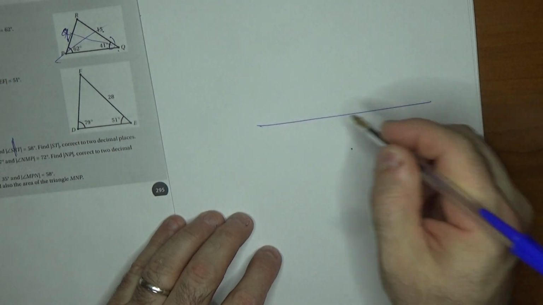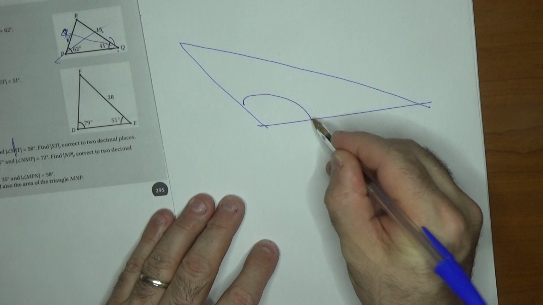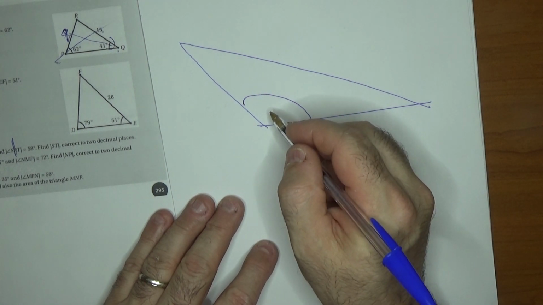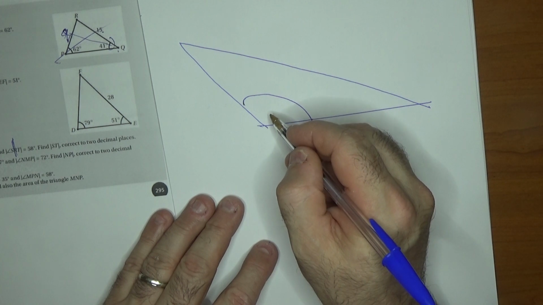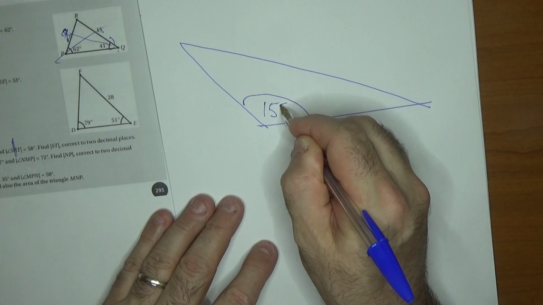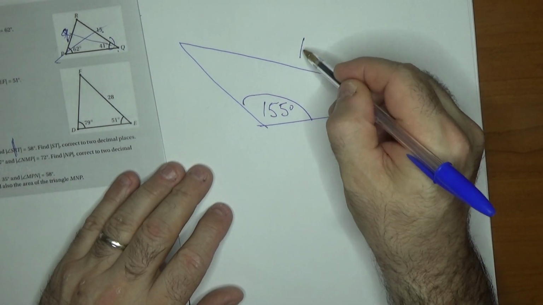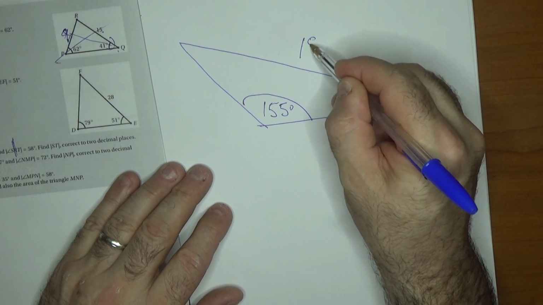So let's make up a question here with an obtuse triangle. Let's make this angle here, 135. Okay, let's make this 155 degrees. Okay, let's put in its opposite number. Say it's 19.